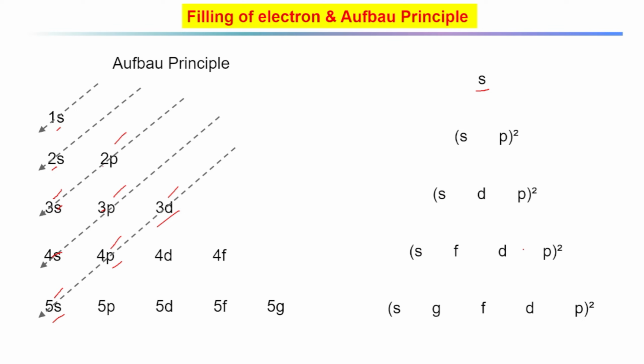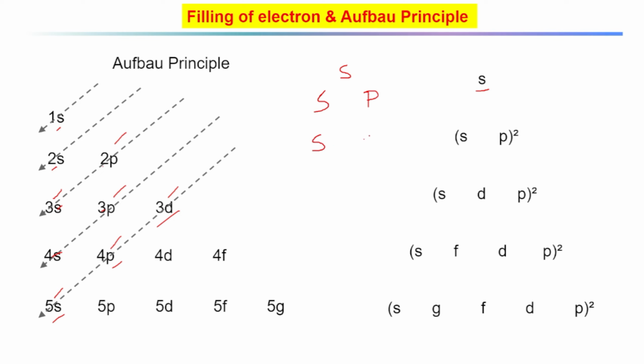Now what does it mean? First, when the electron comes, it will fill s, and again it will be sp square, meaning next line it will be s and p, and again there will be another sp because it was sp square, right?